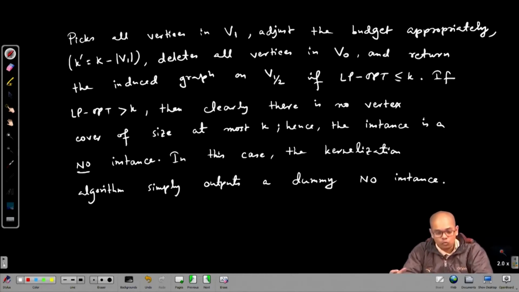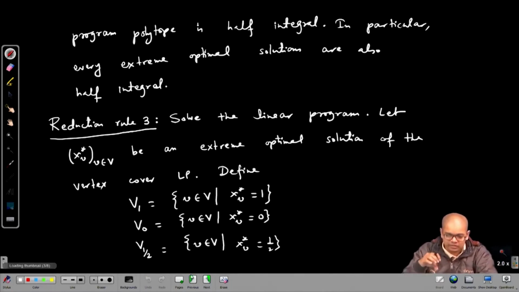But now, if LP opt is less than or equal to k, why is whatever the algorithm is doing an equivalent instance? That is not clear. Of course, because the solution is half integral, for every vertex v, x star of v will be either 0, 1 or half.